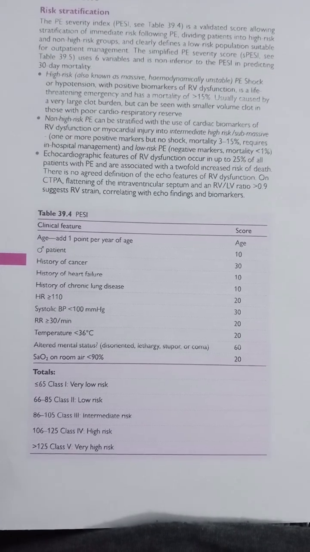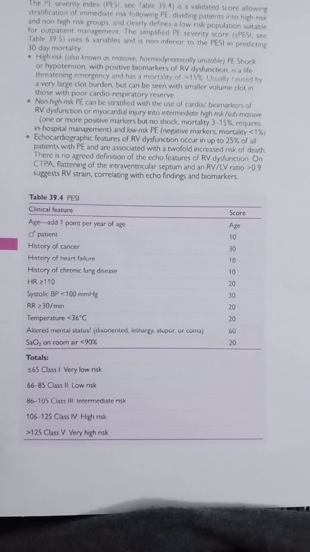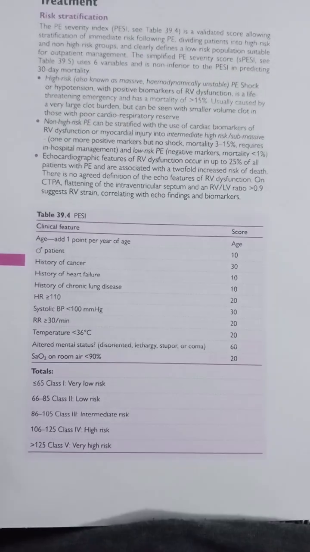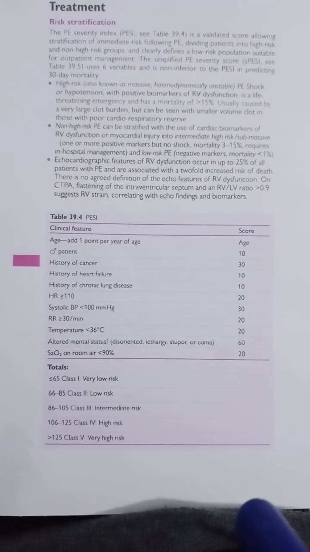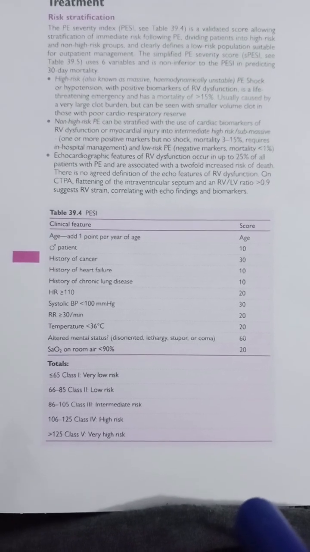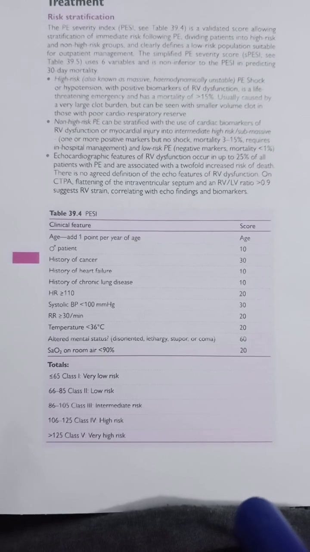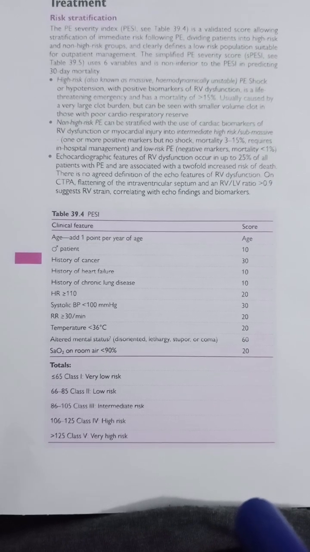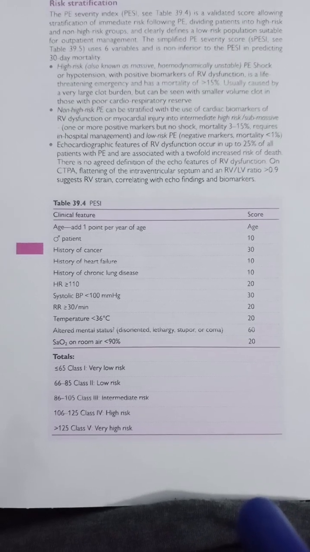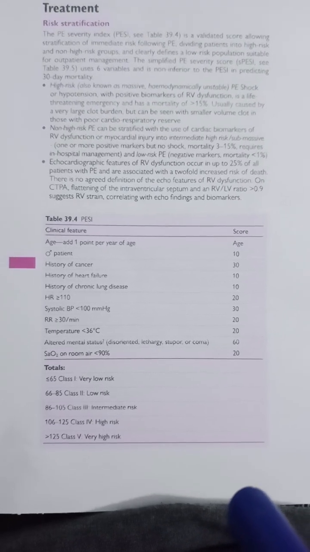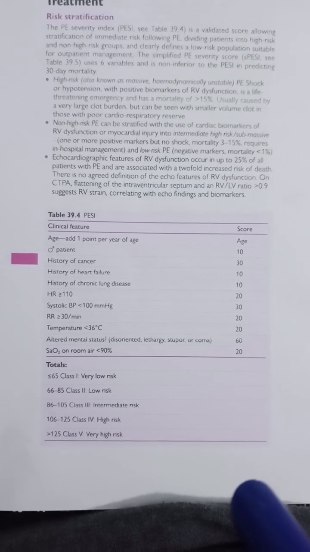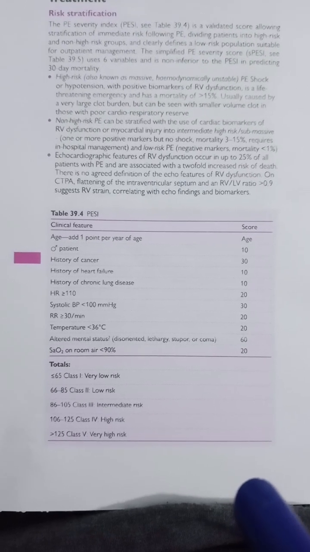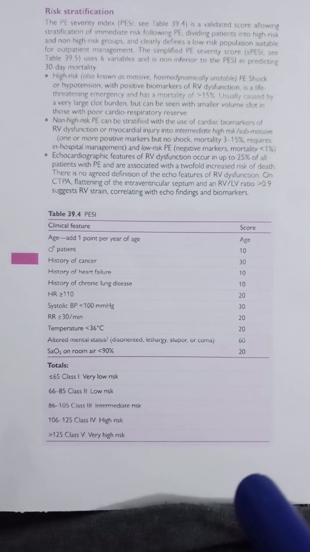This is the pulmonary embolism severity index. As we see, the variables include the age; in age we add 1 point per year of age, then the sex of the patient.